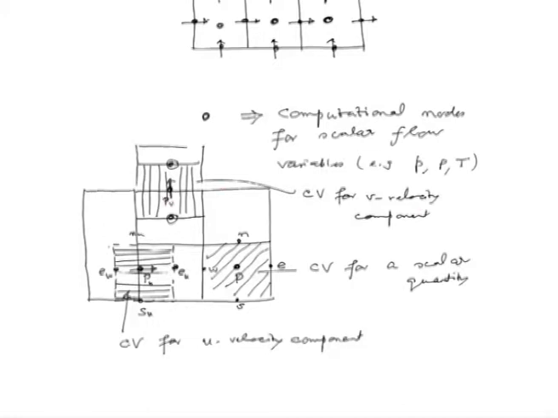The computational node and the other faces, east face, west face, south face and northern face, for the control volume which you would use in finite volume formulations for V velocity component.